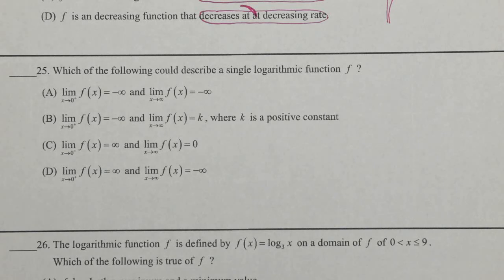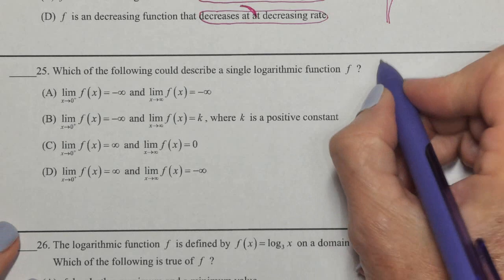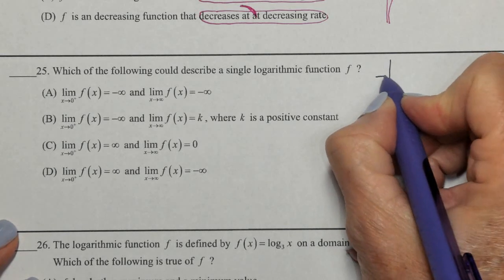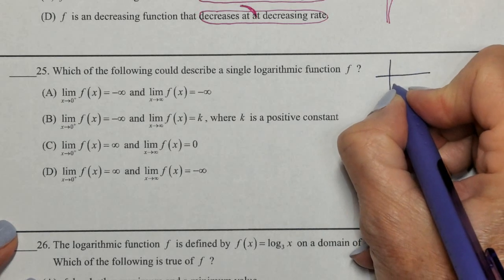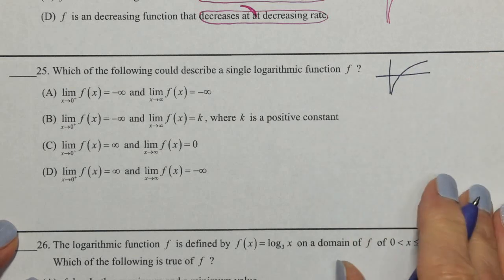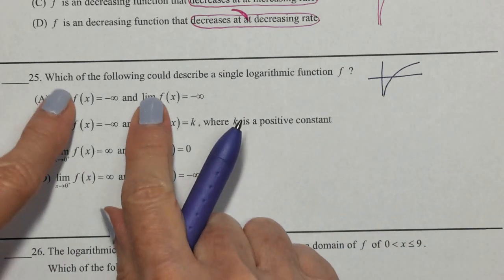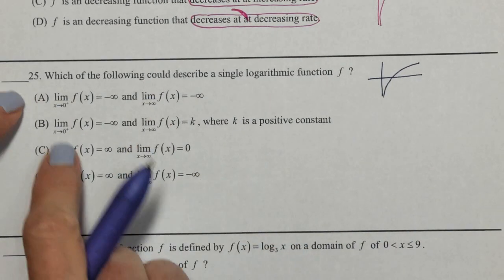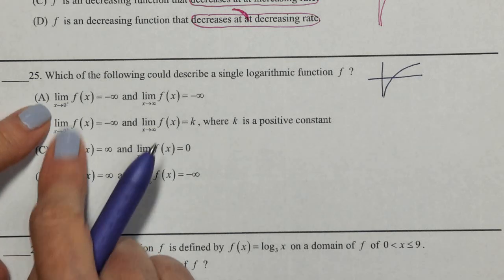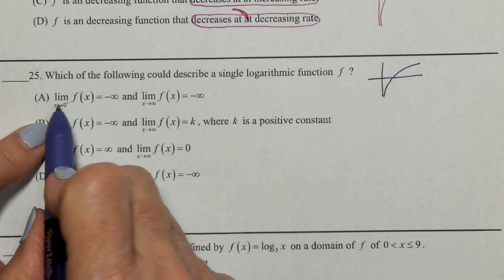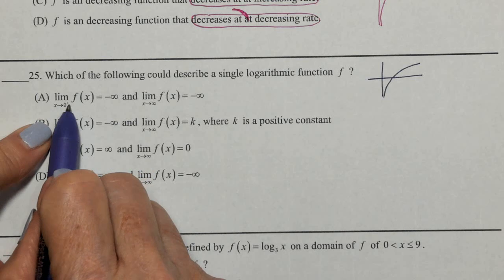Well, when I first think of a log function, I think of the basic log function. The basic log function does that. And I see all of these limits here. The first one says the limit as x approaches 0 from the positive side of 0.